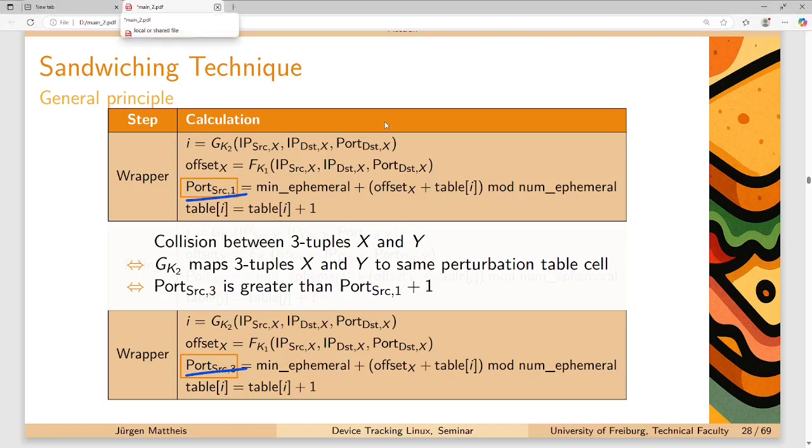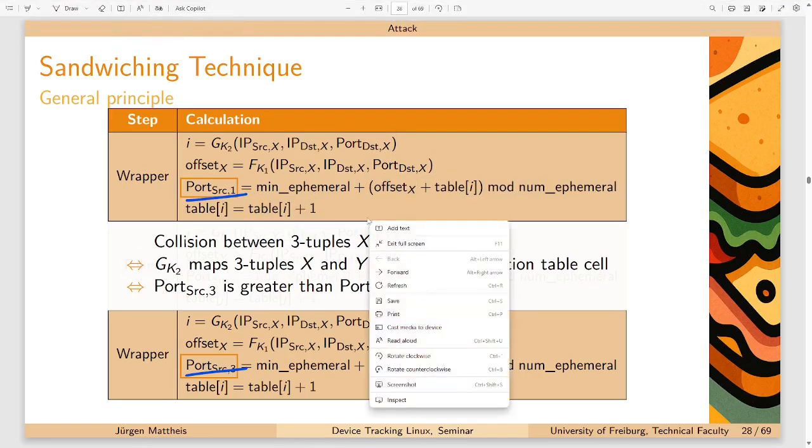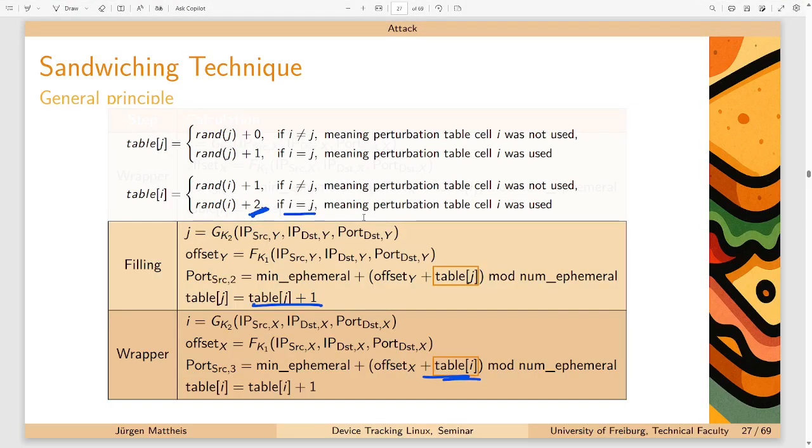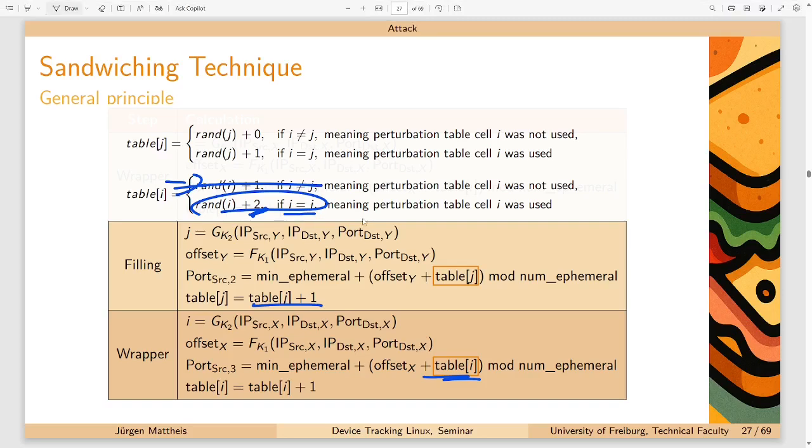And why is this the case? Because if we have something larger than 1, then we don't have this case, but we have this case, and that means i and j were equal, and we had a collision in the same perturbation table cell. And by this we have a collision between these two 3-tuples.